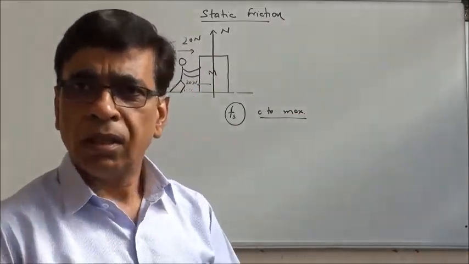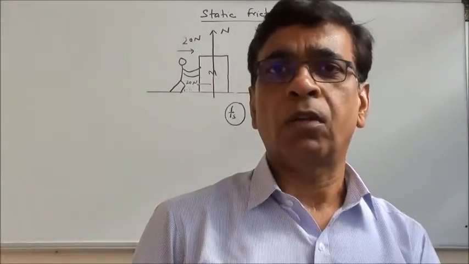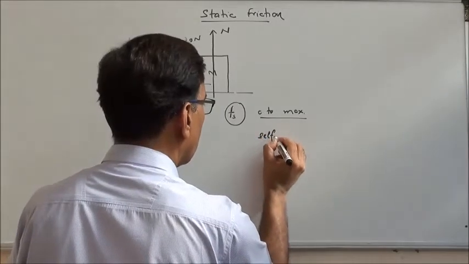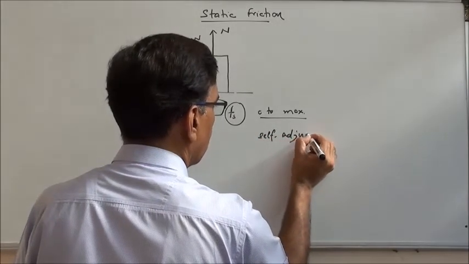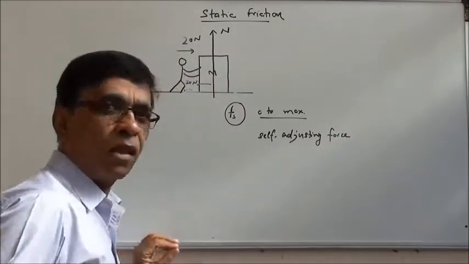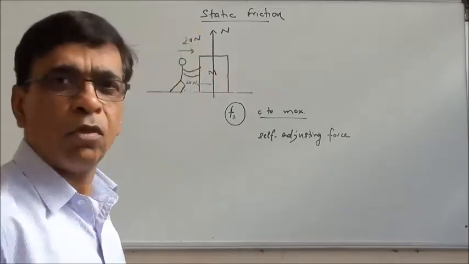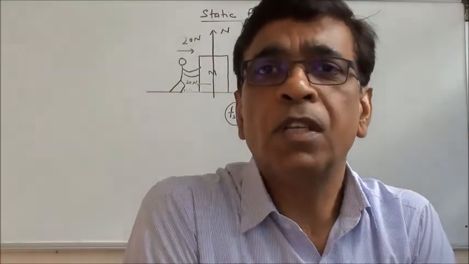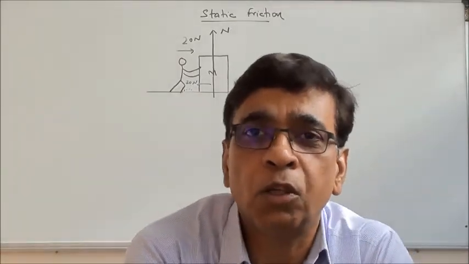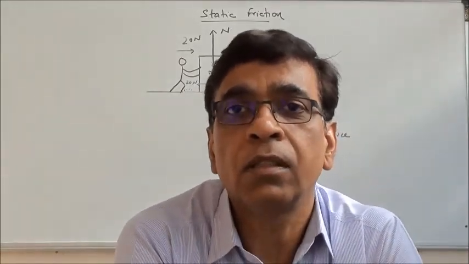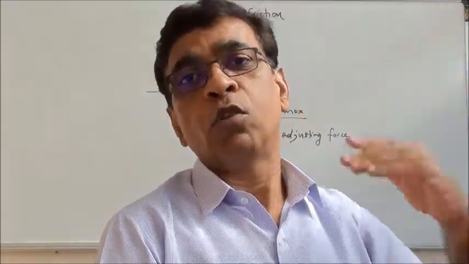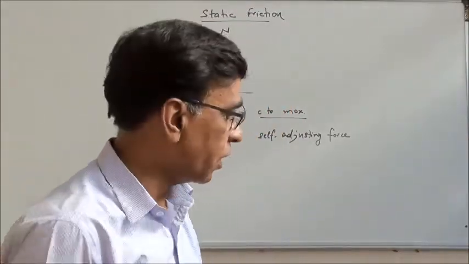So this does not have a fixed value. So that's why it is also called self-adjusting force. Because when we are not applying any force, this force is 0. When we start applying, this force starts increasing, and the maximum value of static friction is that value at which the body starts moving. Now the frictional force will no longer be called the static friction.